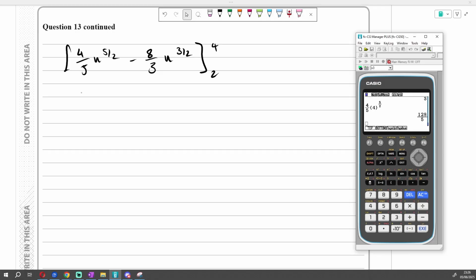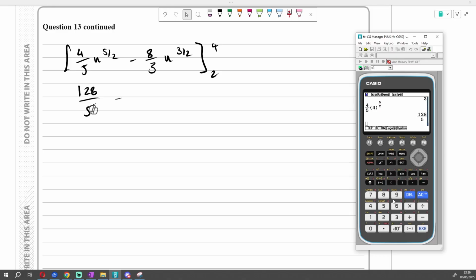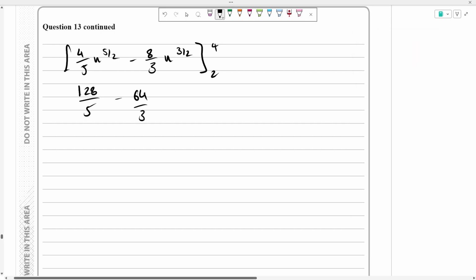This is going to be 128 over 5 minus 8 over 3 times 4 to the power of 3 over 2, and that gives you minus 64 over 3.